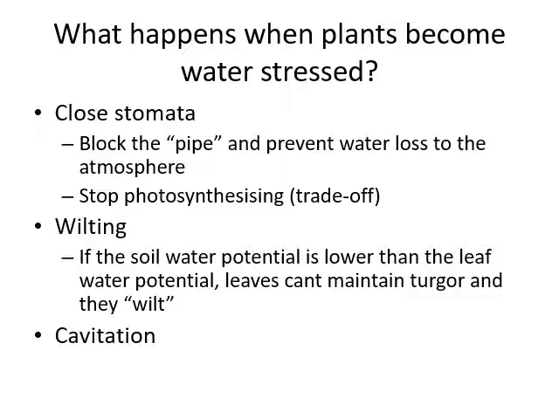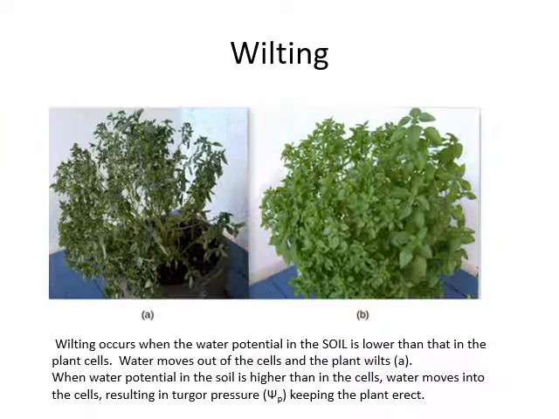Secondly, wilting can occur. We talked about that in the previous lecture. If the water potential is lower than the leaf water potential, leaves can't maintain turgor and they wilt. And thirdly, cavitation can occur if the water stress is really intense. We talked about wilting in the previous lecture when we were defining water potential.